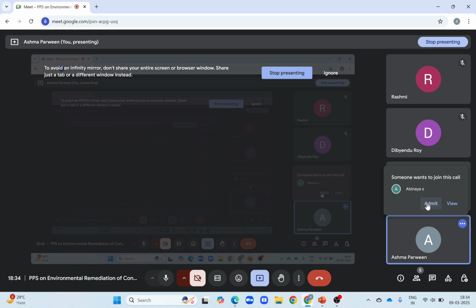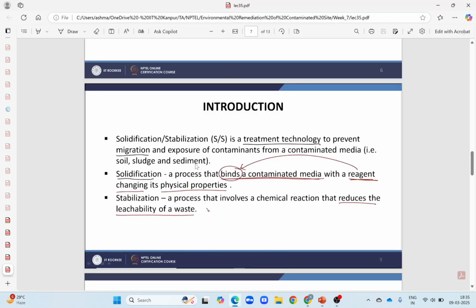Next, solidification and stabilization has been started. Solidification is a process that binds a contaminated media with a reagent, changing its physical properties. Solidification and stabilization is a technology to prevent the further migration and exposure of the contaminants from the contaminated media.